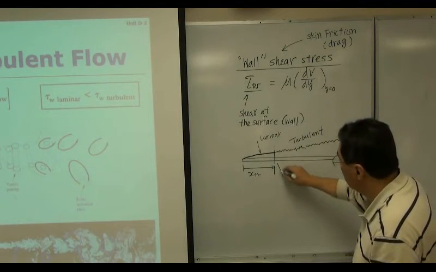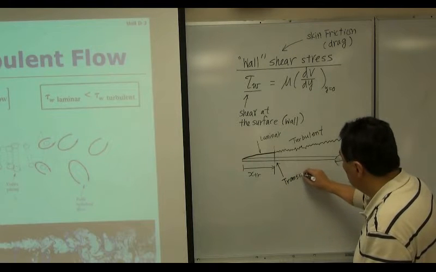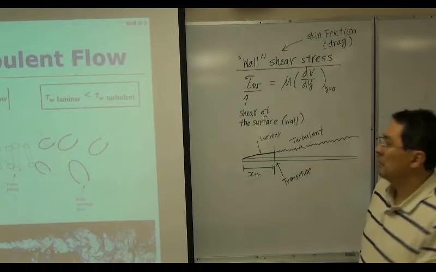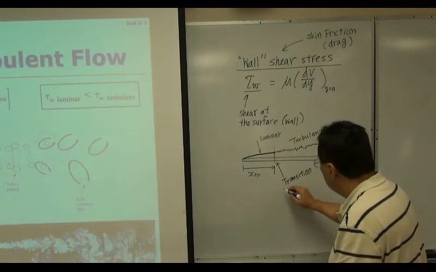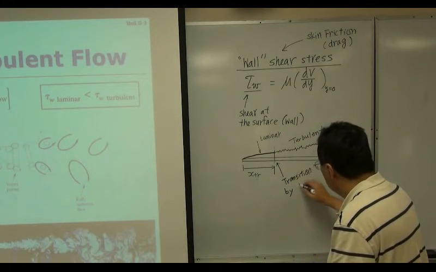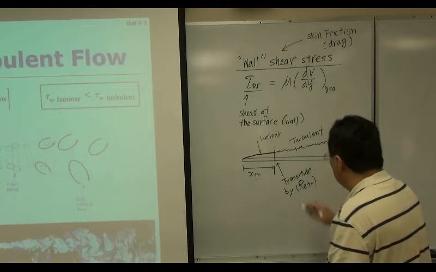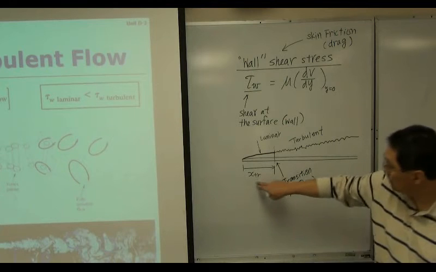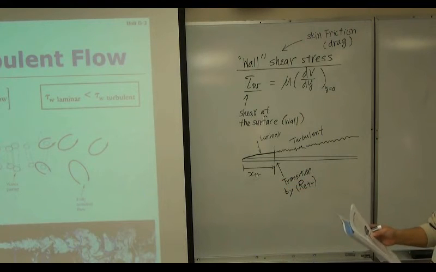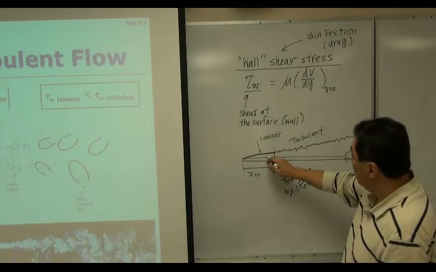This is called the transition from laminar to turbulent. This transition point is usually defined by the Reynolds number that actually causes the transition. If you know the Reynolds number for transition, you can predict the point of transition. So this is the laminar flow region.